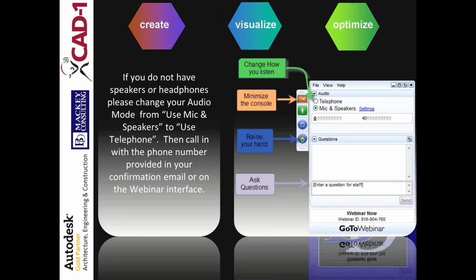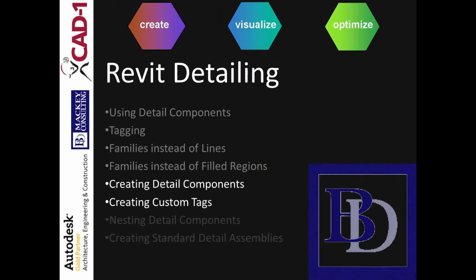Today's Revit detailing: the lightly grayed out areas were the items in Revit Detailing Part 1. Part 2, we did earlier in the year, and unfortunately the recording mechanism didn't work, so we are repeating it to some degree.